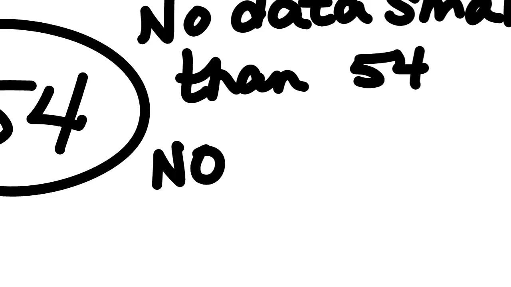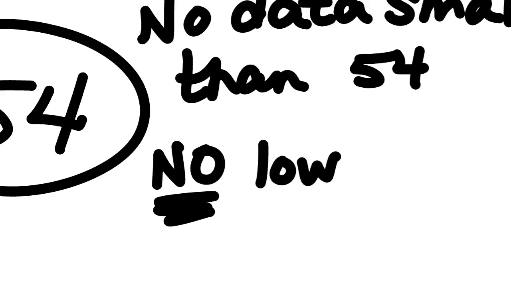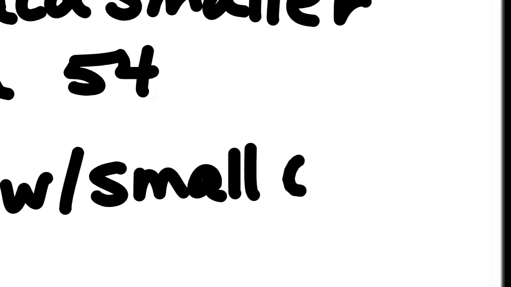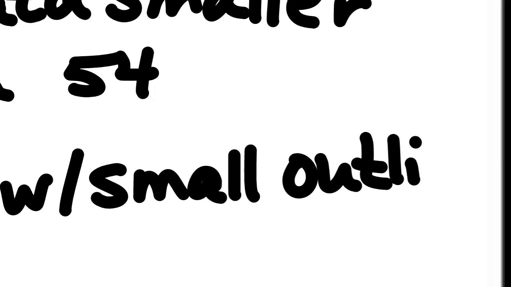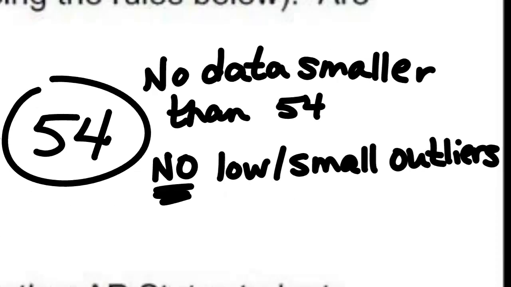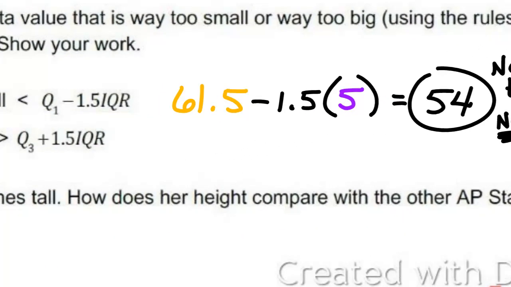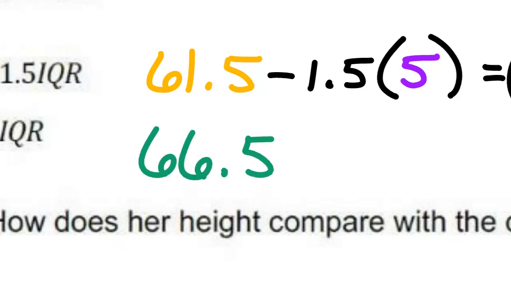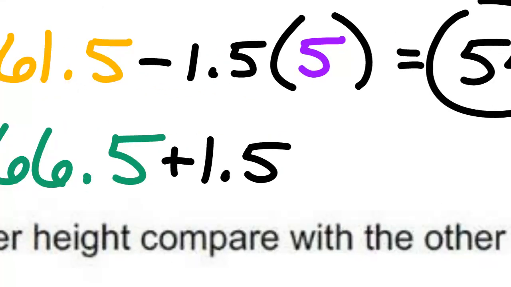So there are no low or small outliers. Then we're going to do the same thing, but with Q3. What was our Q3 again? 66.5. Instead of subtracting, I'm going to add 1.5 times our IQR.